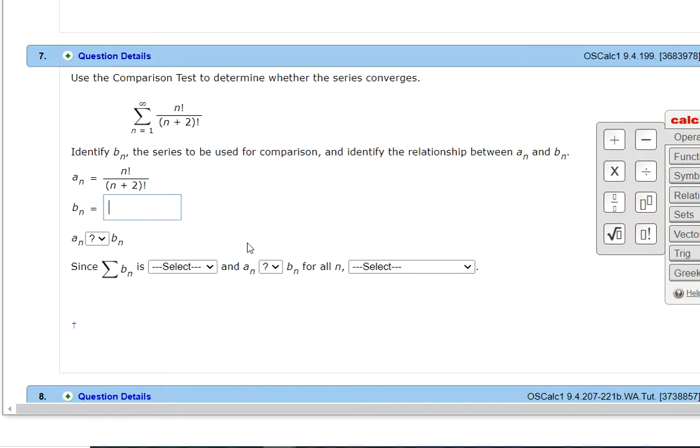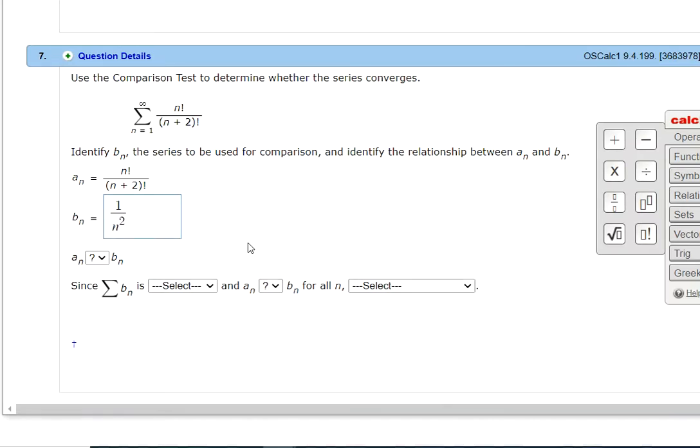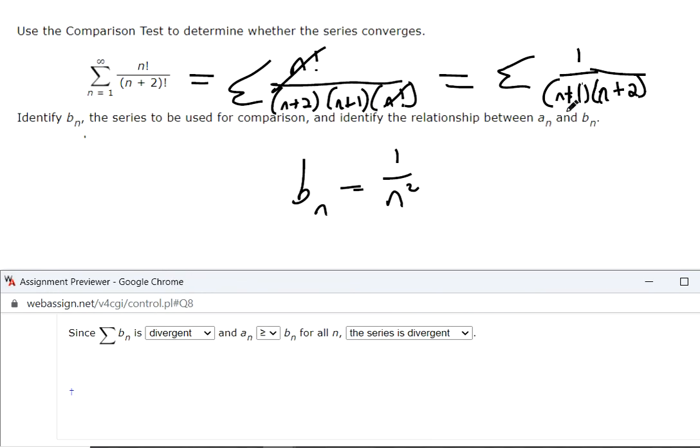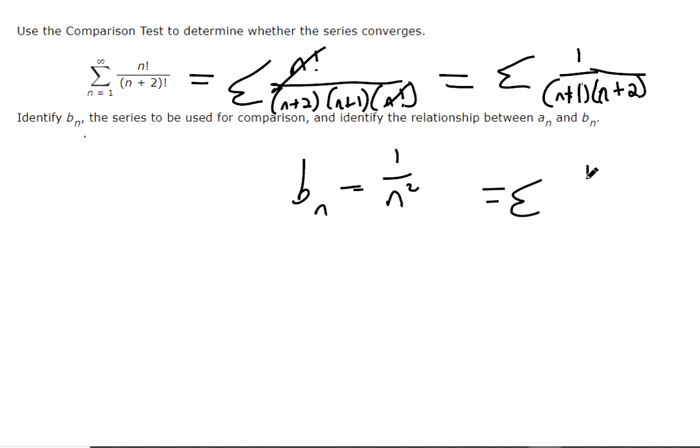B sub n, we want to compare it to 1 over n squared because of that algebra rewrite that we just did. And so when you're considering whether a sub n or b sub n are greater than or less than each other, think about the numerator here. Maybe it would help if we expand a little bit. This is n squared plus 3n plus 2.